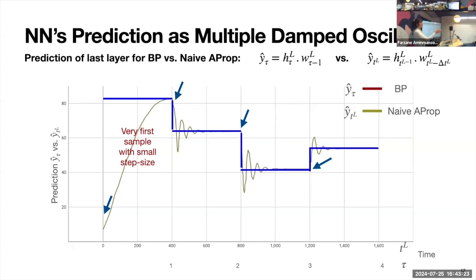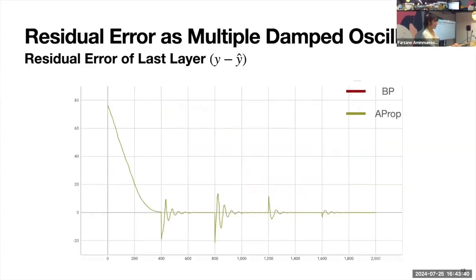Very surprisingly, in this problem, which is a simple problem, the true values are actually the convergence point of these oscillators. This is very interesting. If I plot the residual error of the last layer, I would just be seeing a shifted version of those damped oscillators that are converging to 0. And there is a subtle point here, guys.